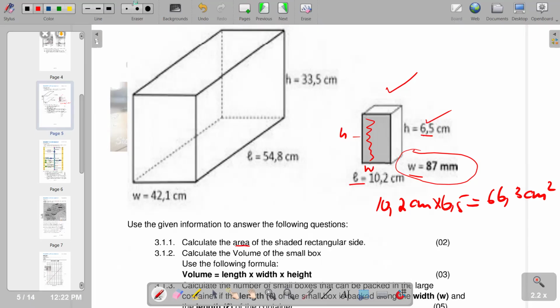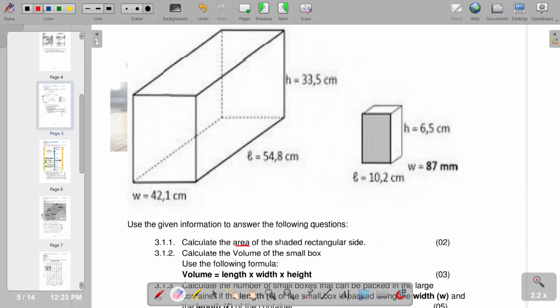So we know that 1 centimeter is 10 millimeters. So to convert this 87, we're going to say 87 divided by 10. Then we get 8.7 centimeters.